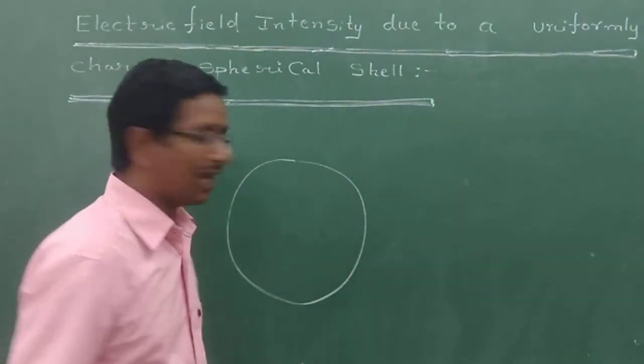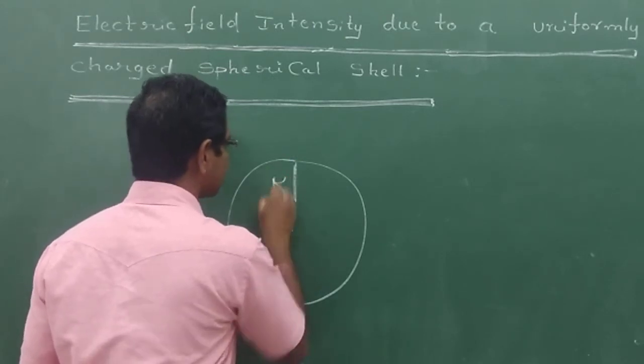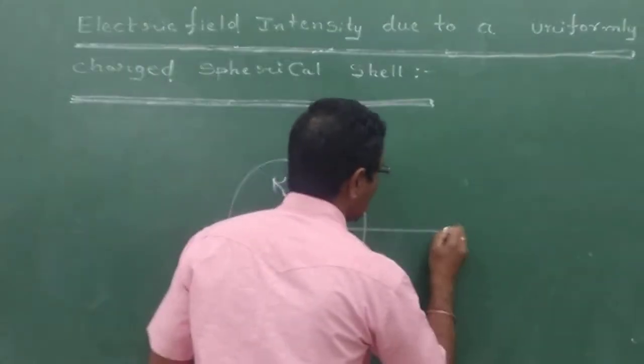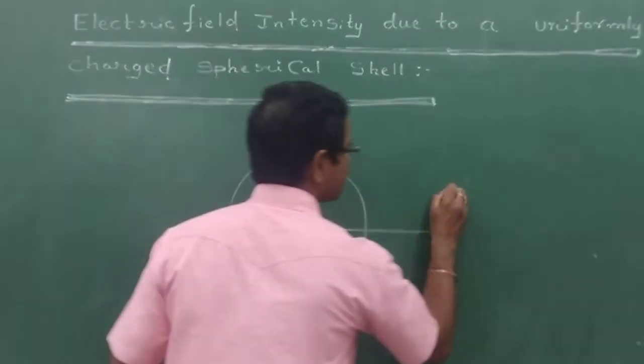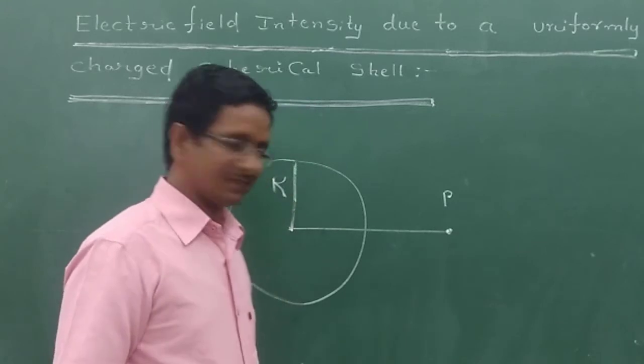Now, consider a spherical shell. Its radius is capital R. Now, I took a point P. It is outside of the spherical shell.